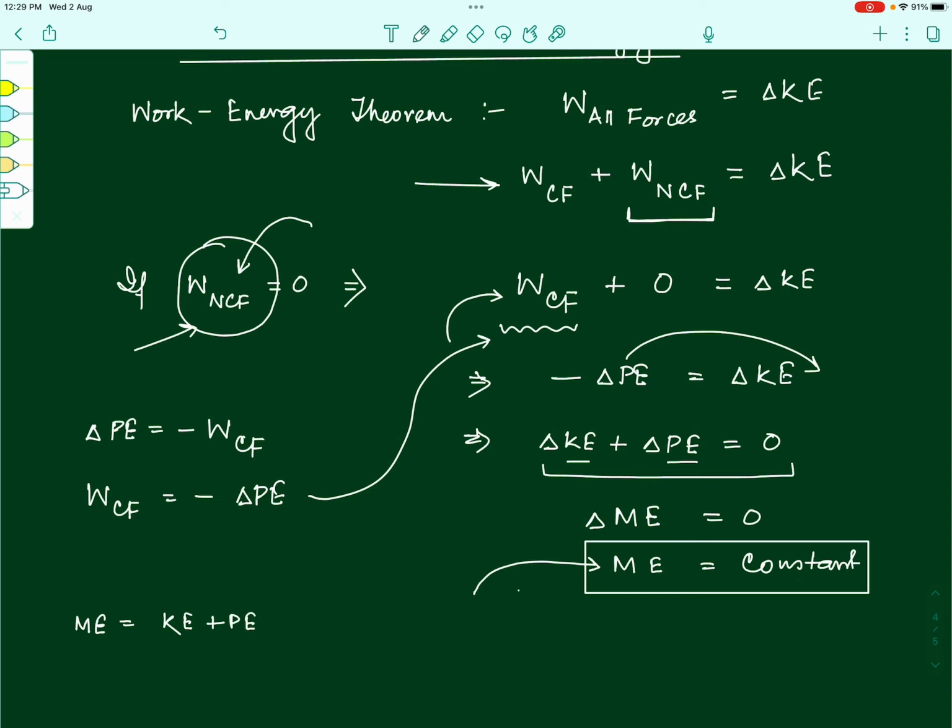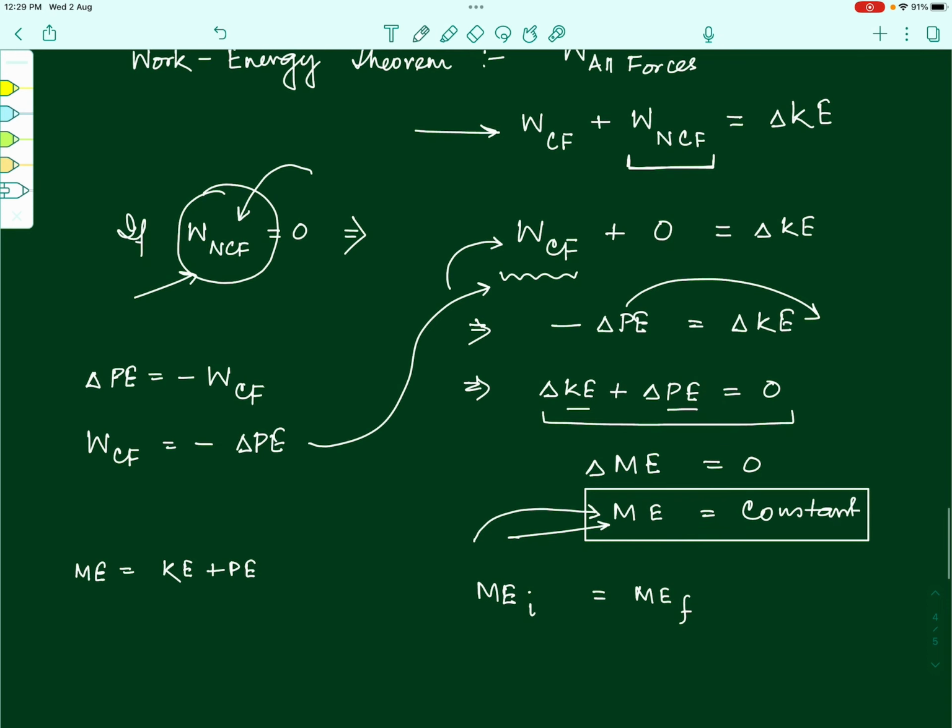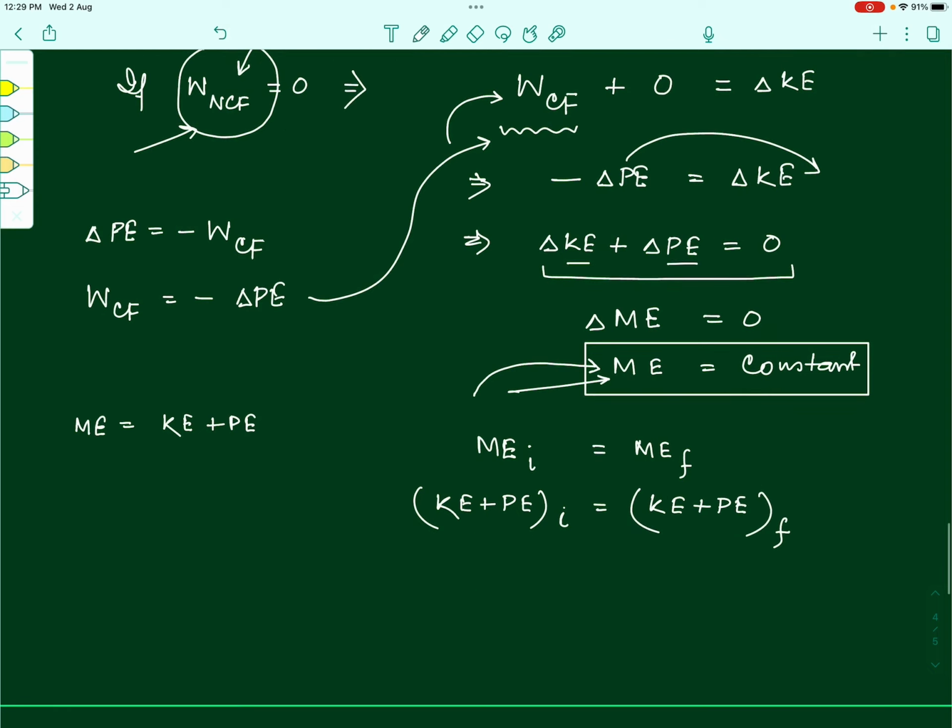So, when we say that the mechanical energy of a system remains constant, we mean that the mechanical energy of the system initially is equal to the mechanical energy of the system finally, if a system undergoes some change in its configuration. Which also means that the initial kinetic plus potential energy is equal to the final kinetic plus potential energy of the system. This is our law of conservation of energy.